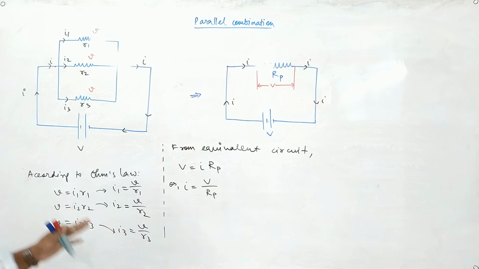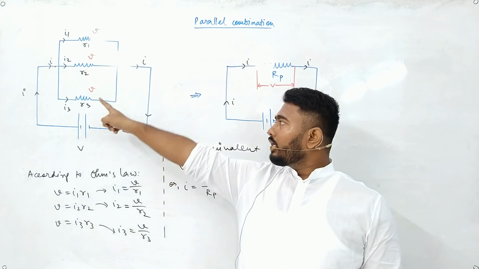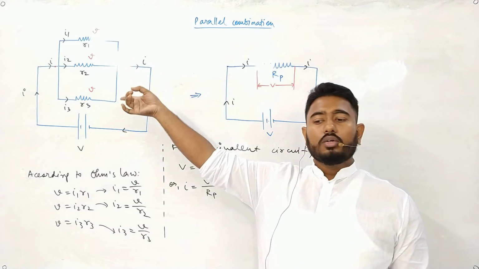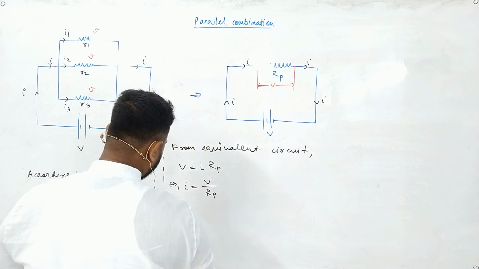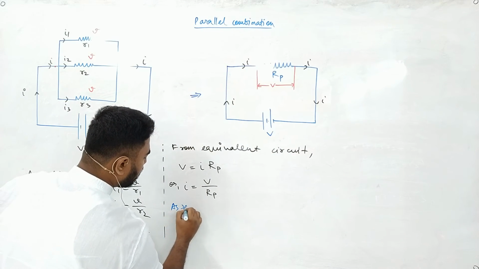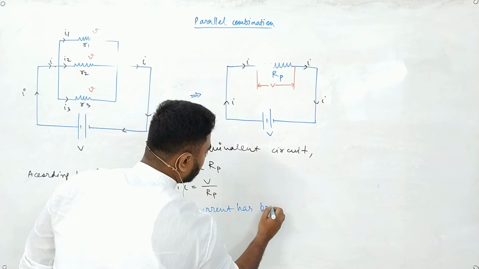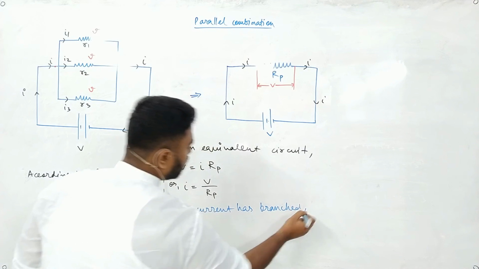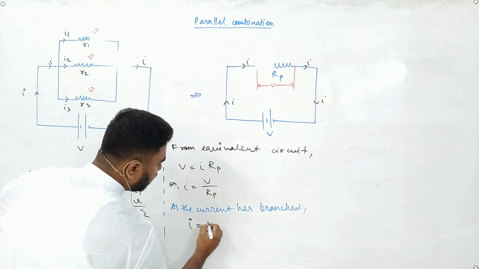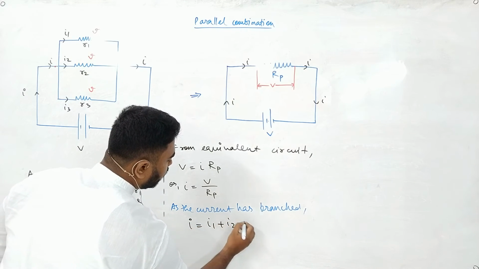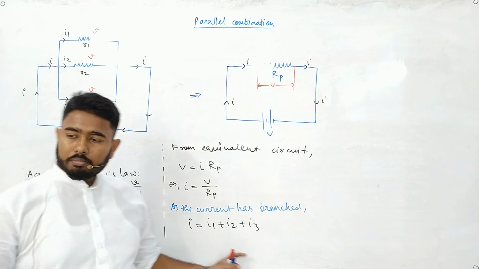Okay, as I already told you that the current has branched, so I has branched into I1, I2 and I3. So as the current has branched, can I say I will be equal to I1 plus I2 plus I3?